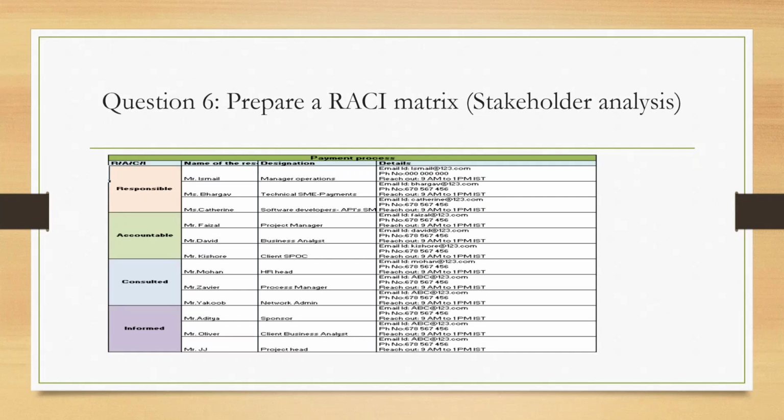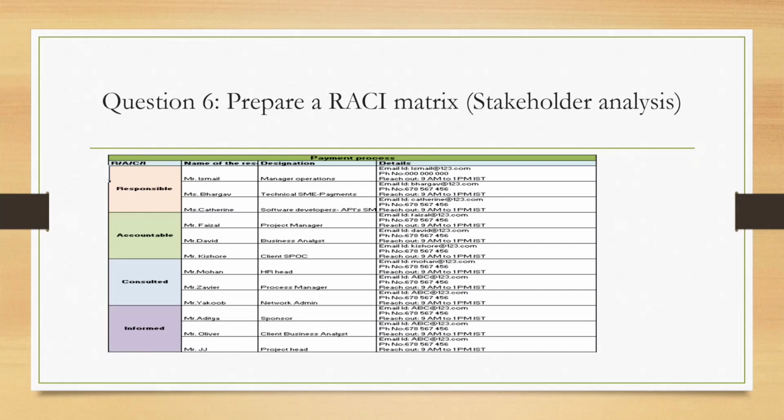RACI means responsible, accountable, consulted, and informed. For example, we have the responsible person: we as a BA will be responsible to complete the project. Accountable means the owners, who will be giving the money, the budget. So they come under accountable.